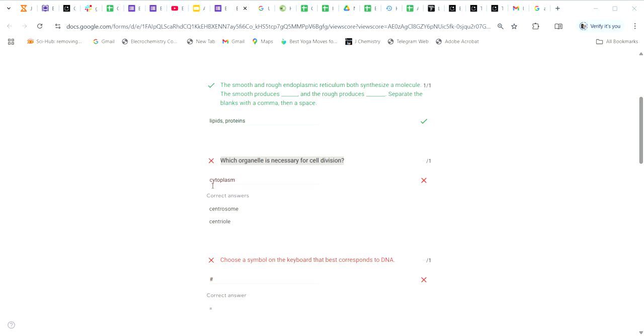In animal cells, the centriole and more broadly the centrosome is the organelle essential for cell division.